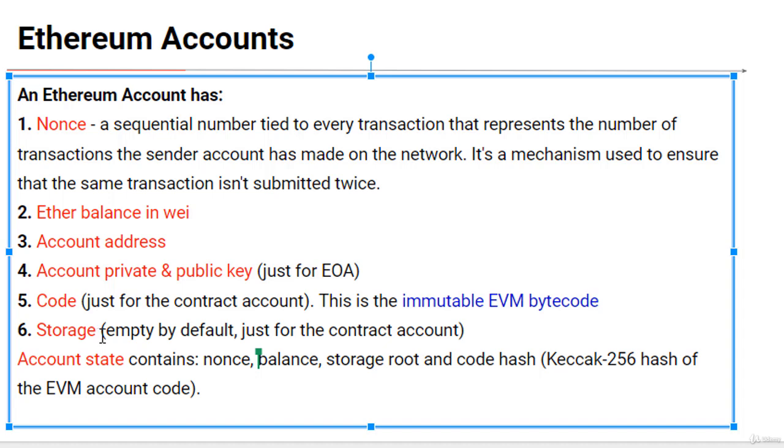Then we have the storage, which is empty by default. Only the contract account has storage attached. The account state contains the nonce, the balance, storage root and code hash. This is only for contract accounts. This is the Keccak-256 hash of the EVM account code.